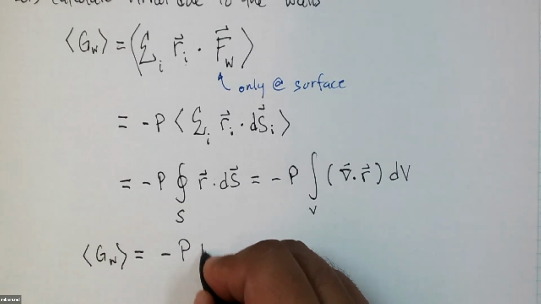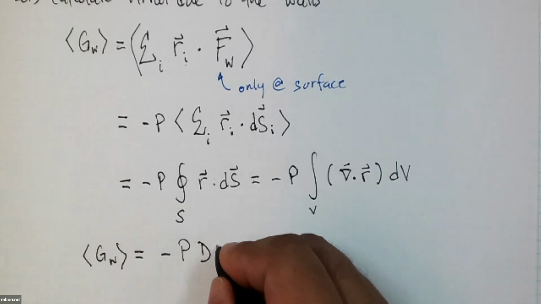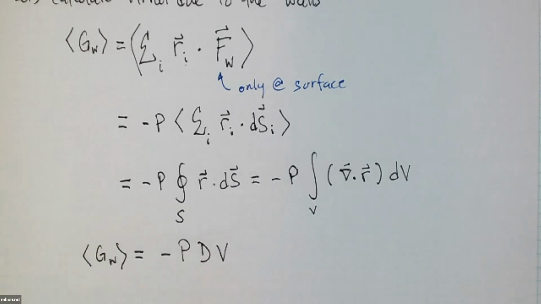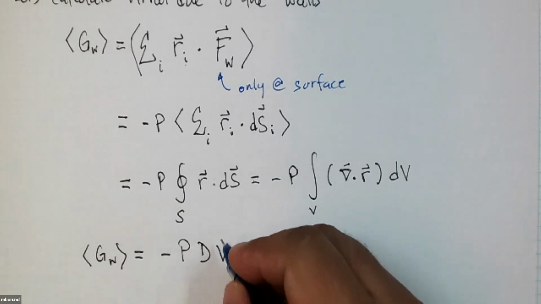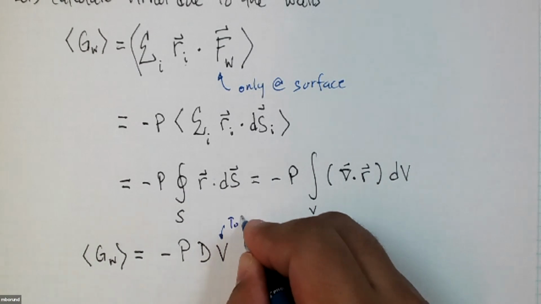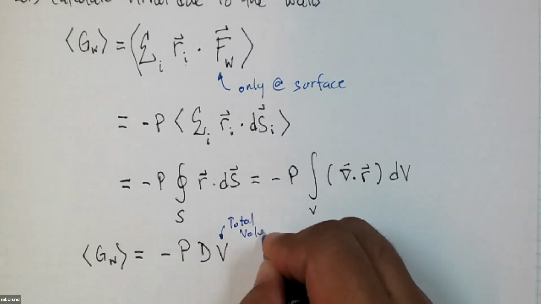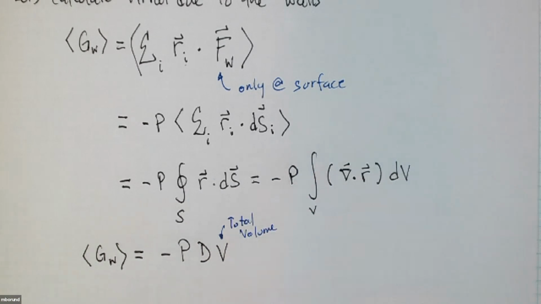But it's actually the dimensionality of the system and the total volume. So we went from the surface to the integral so that we can say that this is just in 3 dimensions, it's going to be 3. And that's the dimensionality of the system.